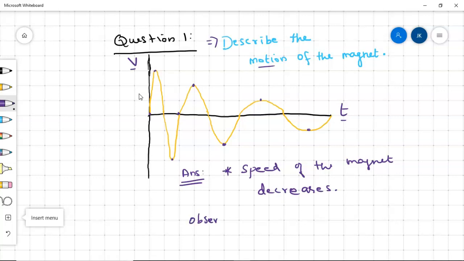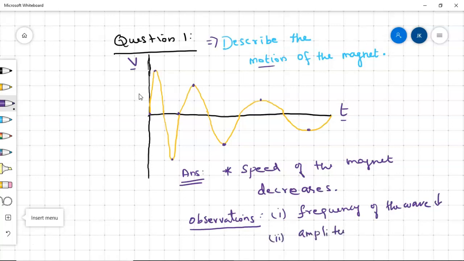So what are the observations here? Observation 1: the frequency of the wave decreases. Second observation: the amplitude of the wave decreases. So these are the two observations from the graph.